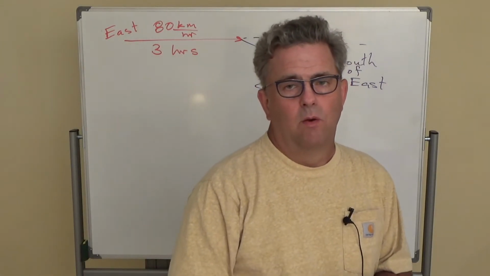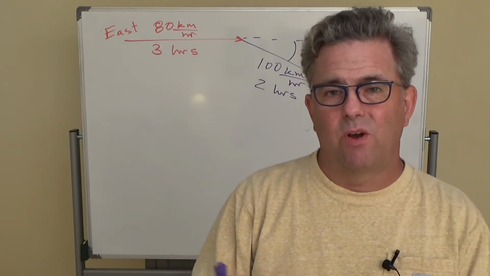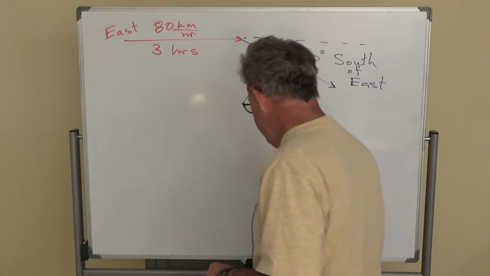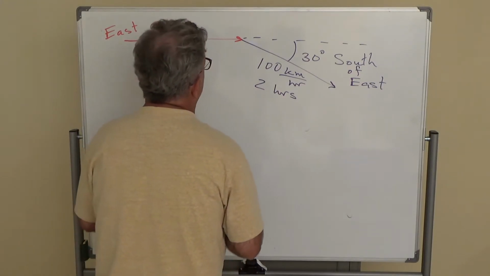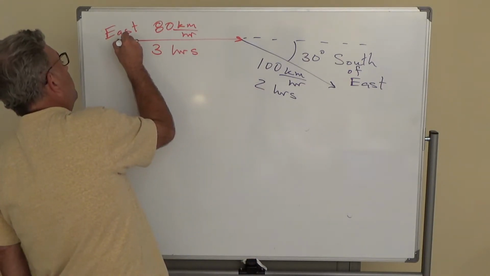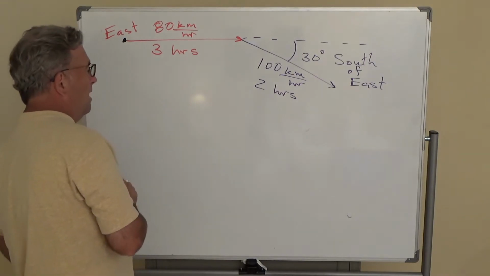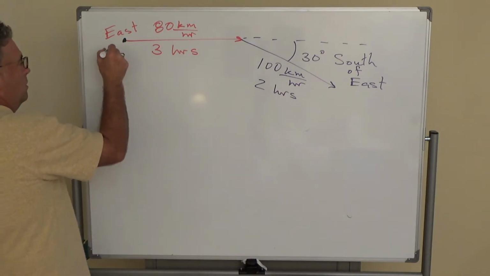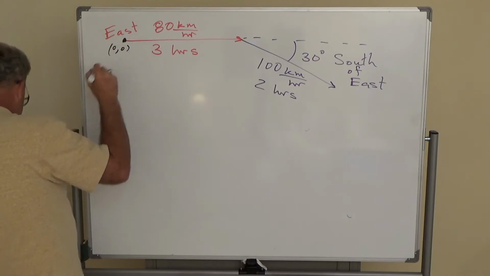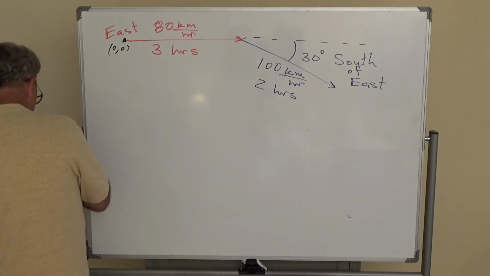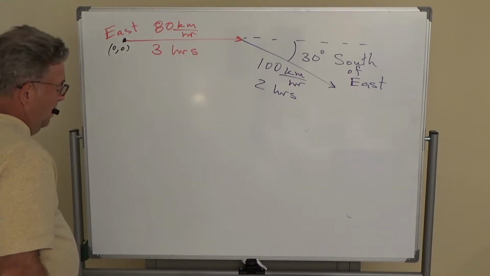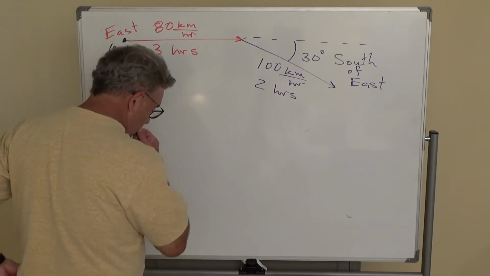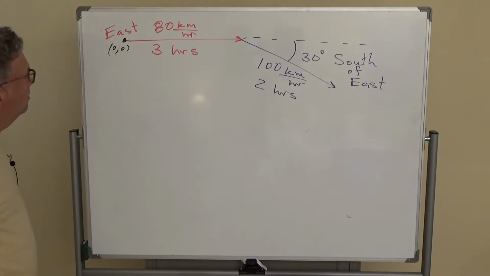Question. What's R? What's delta R? Well, start out here, you can make this 0, 0. This is the starting position. Doesn't have to be, but you certainly can make it 0, 0.